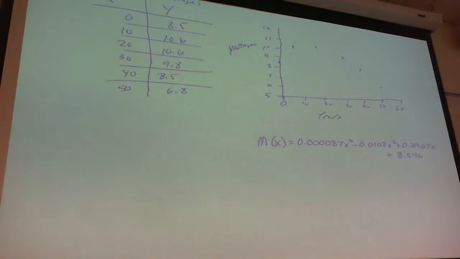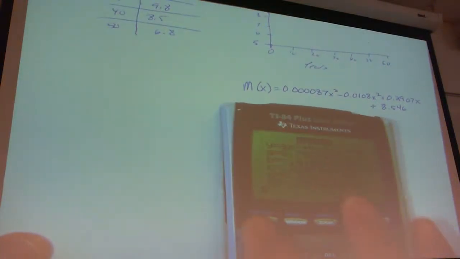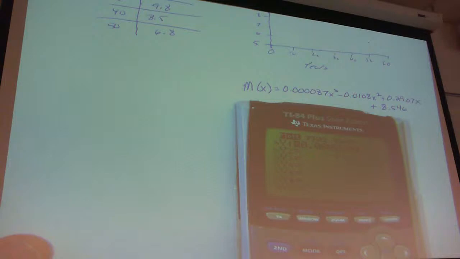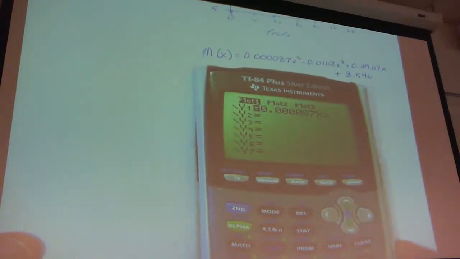So go to y equals, be very careful, and type that in. 0.123487. To do x cubed, the x raised is above the division. 3. Move to the right to come back down.